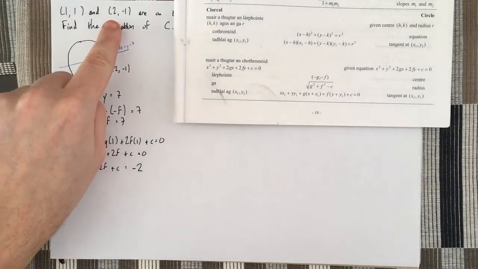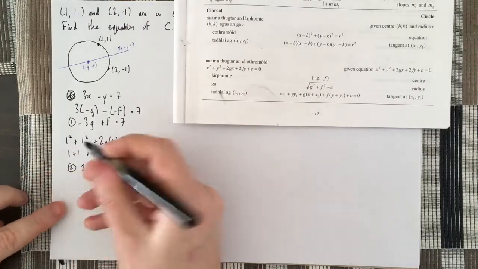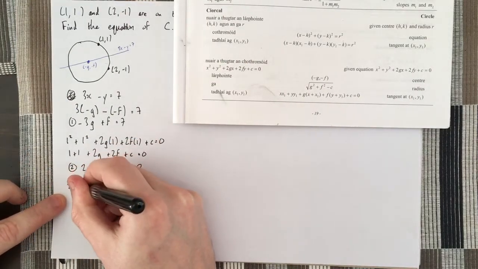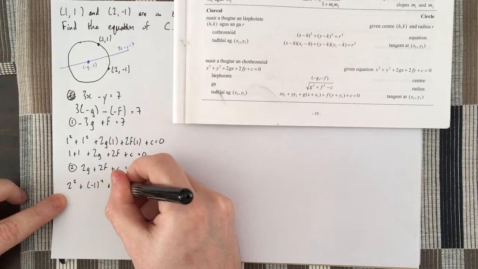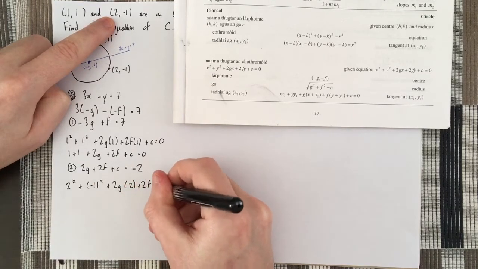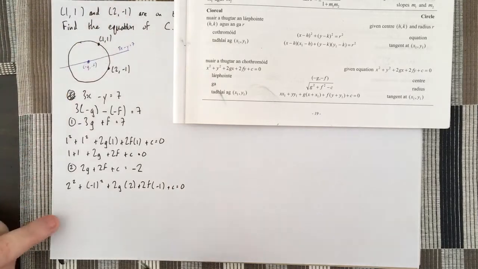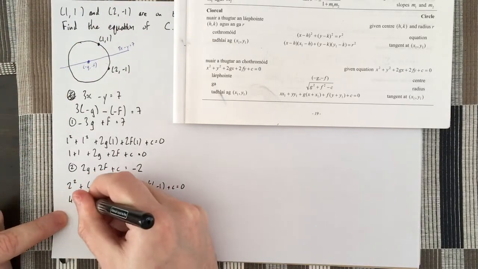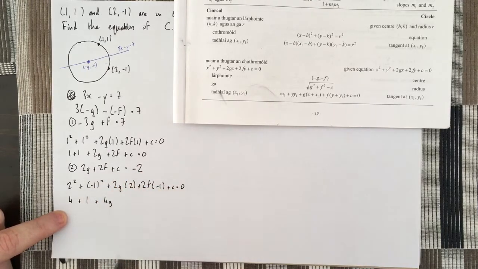Third equation then I'm going to get by subbing (2, -1) into this. So instead of x squared, it's going to be 2 squared, plus instead of y squared, it's going to be (-1) squared, plus 2g times x is 2, plus 2f, y is -1, plus c equals 0. 2 squared is 4, (-1) squared is 1, plus 2g times 2 is 4g, 2f times -1 is -2f, plus c equals 0.